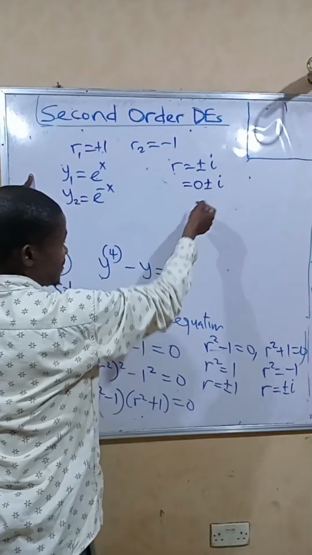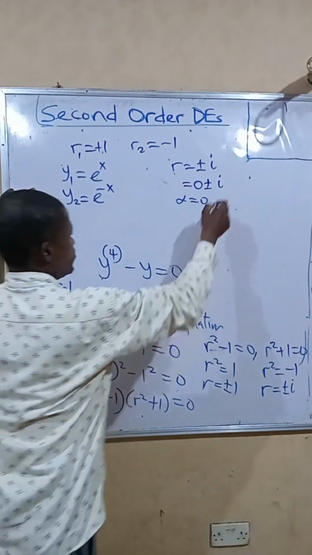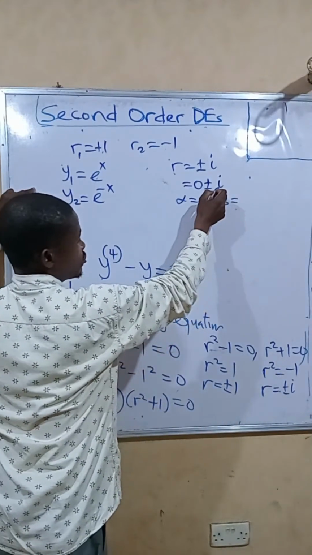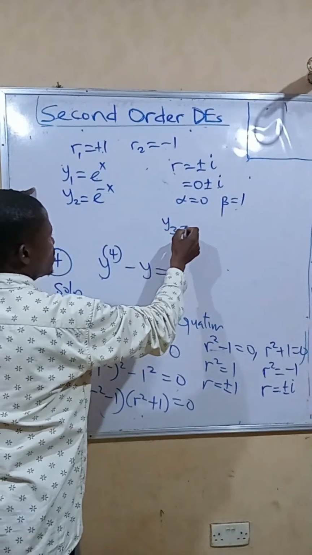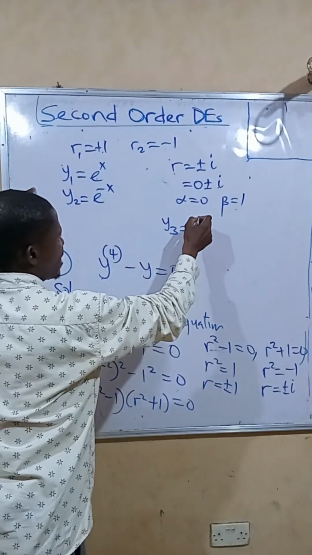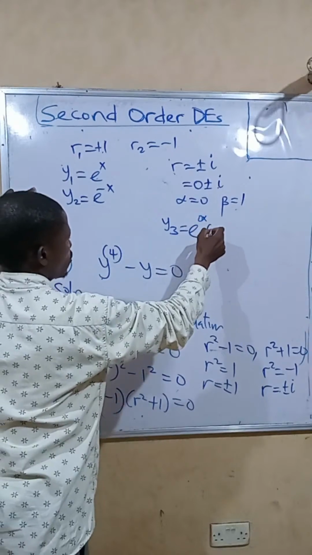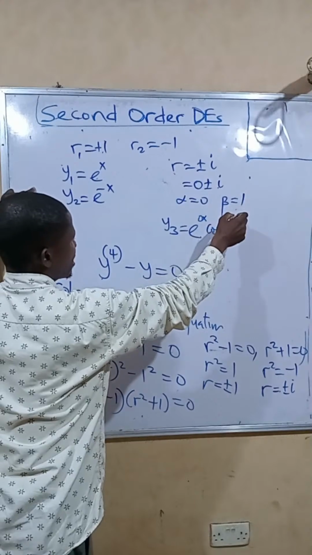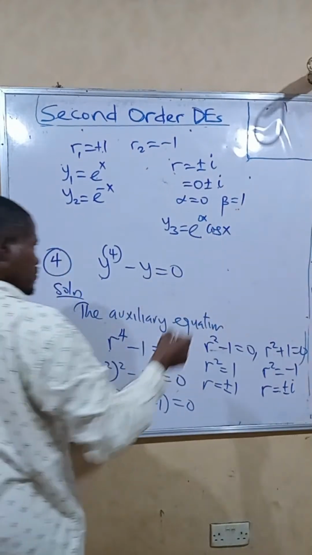So we can write it in this form, which means alpha is 0, and beta is the attachment to your i, which is 1. So y3 will be equal to e to the power 0 times x, and then cos beta x, beta is 1, so cos 1 times x.